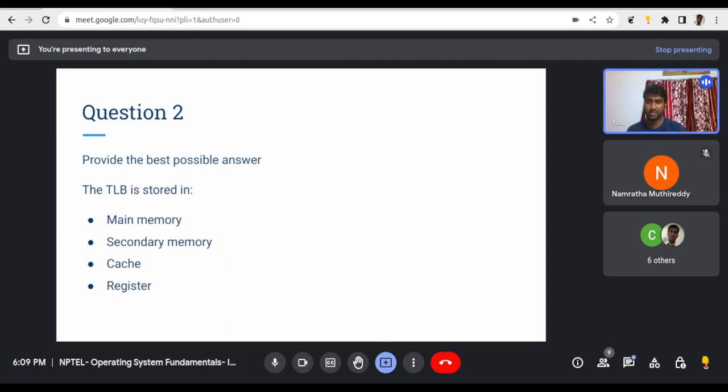So the TLB, as I said, is stored in the main memory, secondary memory, cache, or register. Anybody would like to contribute? So where is the translation look aside buffer actually stored? Anyone would like to contribute?